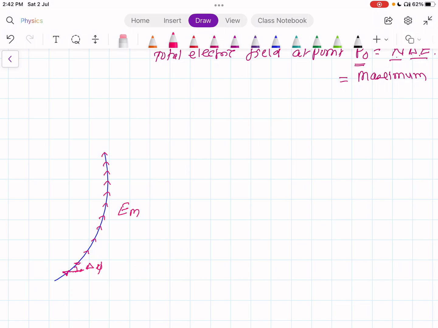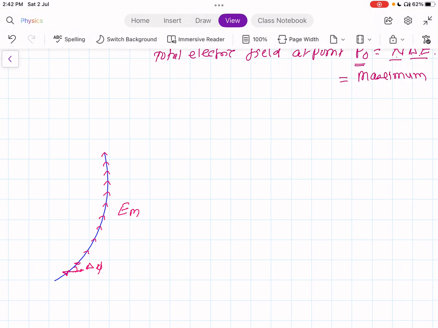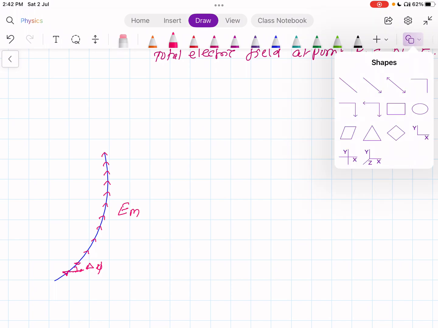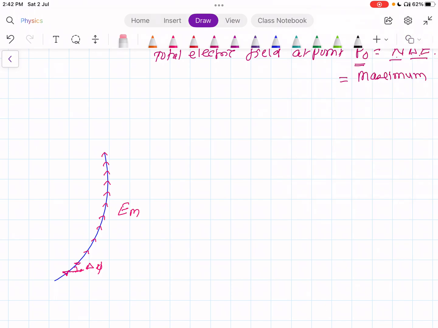And the resultant of this arc, we have to draw the chord, just like the vector addition, or this is the phasor addition. To find the resultant electric field, we have to draw the chord. This one is the chord, which is, let us say, ER, the resultant electric field.